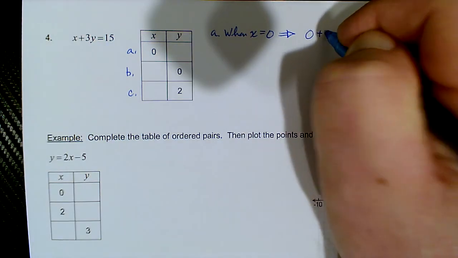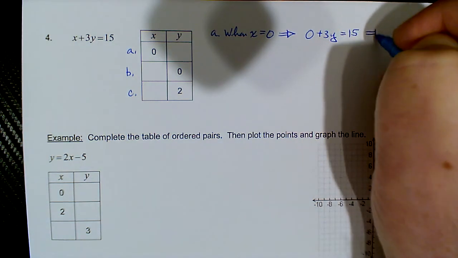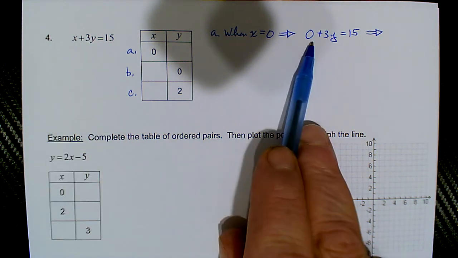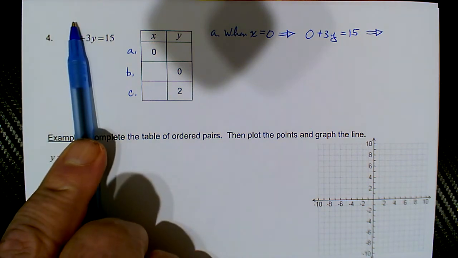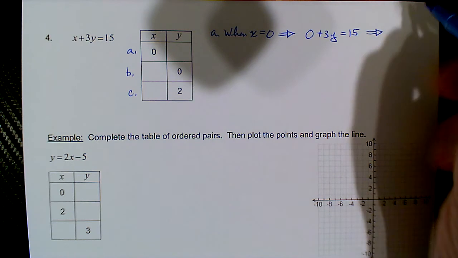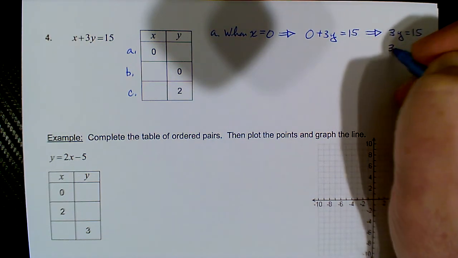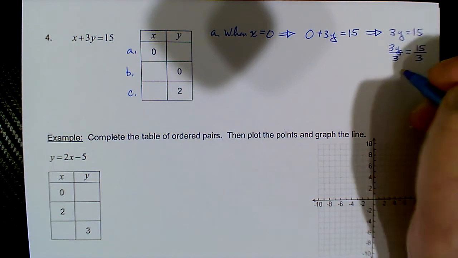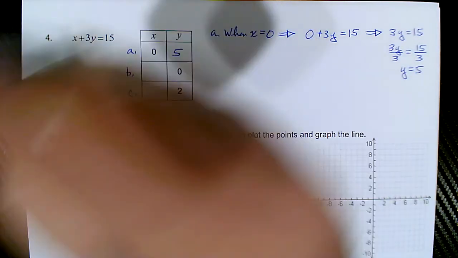Replace x by 0, so 0 plus 3y equals 15. And sometimes when the coordinate is 0 that we're substituting, there's no need to show the literal substitution like I did here, because obviously if x is 0, that term goes away. You could almost solve the resulting equation by inspection, because what we get, as we could see literally here, is 3y equals 15, and then we're just going to solve for y by dividing both sides by 3. So y would be 5. So 0 and 5 is a point.